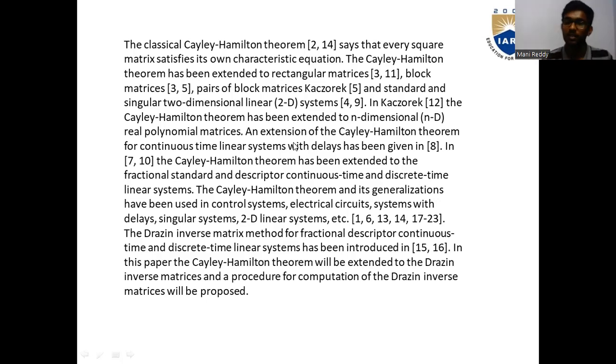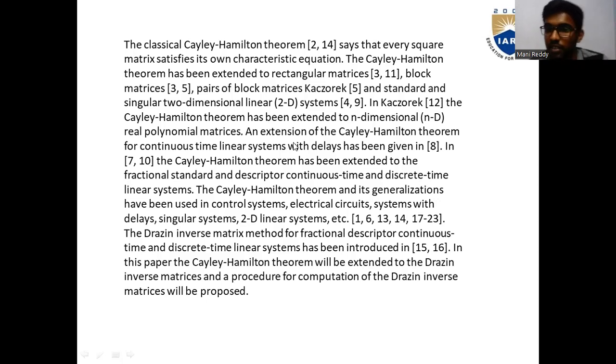The theorem and its generalizations have been used in control systems, electric circuits, systems with delays, singular systems, 2D linear systems, etc. The Drazin inverse matrix method for fractional descriptor continuous time and discrete time linear systems has been introduced in 15 and 16. In this paper, the Caley-Hamilton theorem will be extended to the Drazin inverse matrix, and a procedure for computation of a Drazin inverse matrix will be proposed.